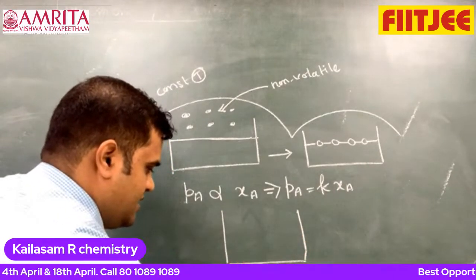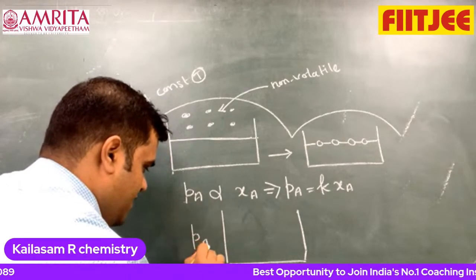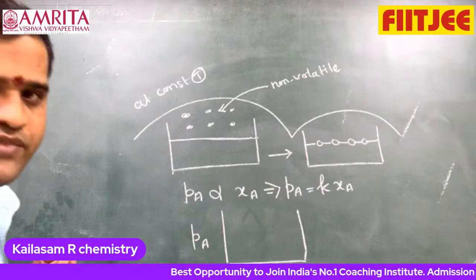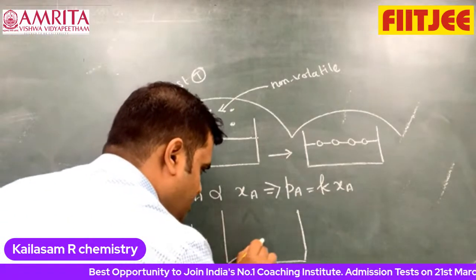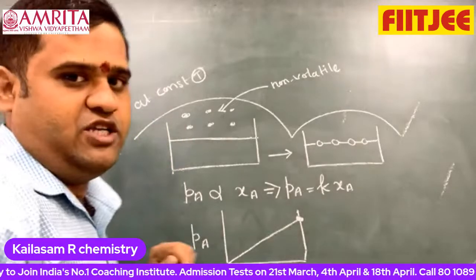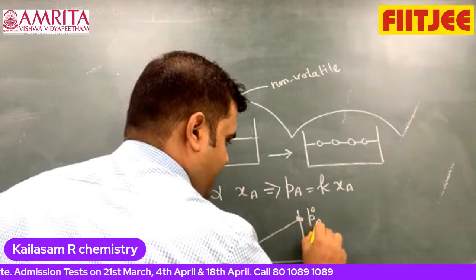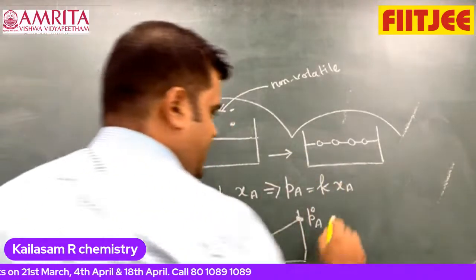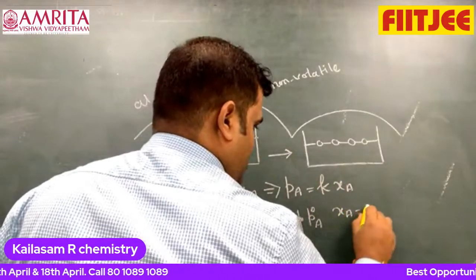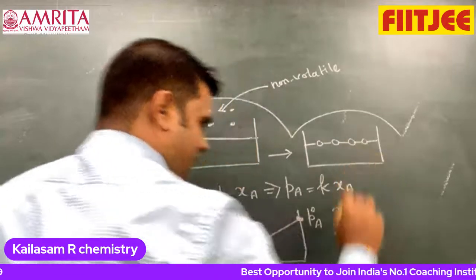Now if I draw the graph, look at this. I take XA from 0 to 1 on one axis, and PA on the other. PA is called the vapor pressure of the solution, and if I draw that, we get a straight line. When XA is equal to 1, it means only the pure solvent is there, which we call P0A. Therefore XA equal to 1 gives K equal to P0A.